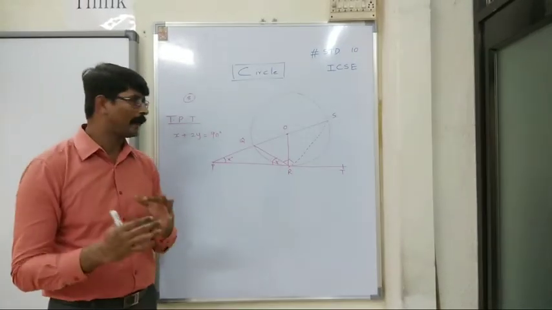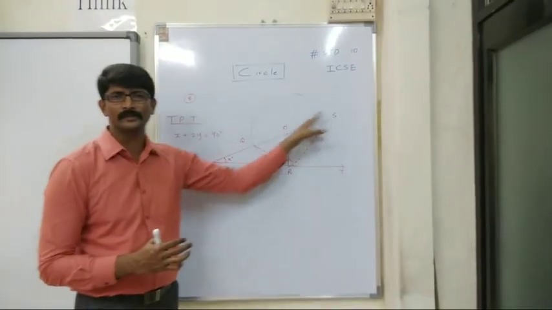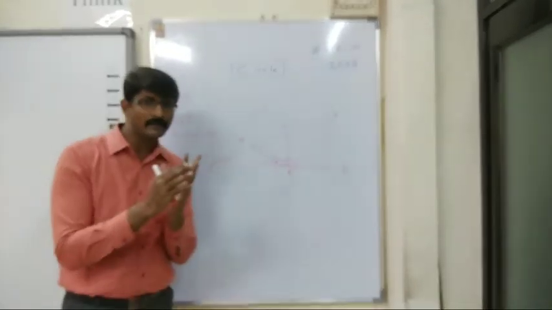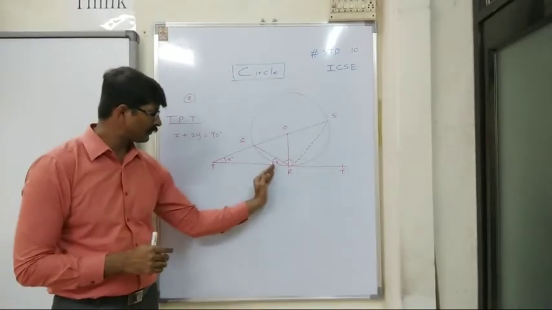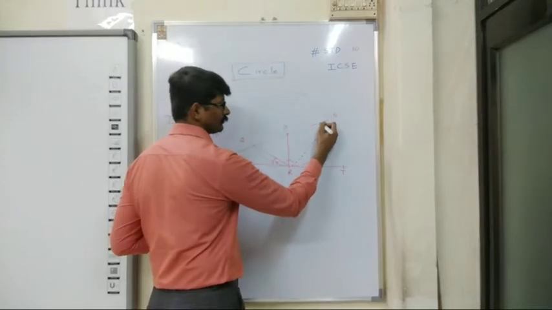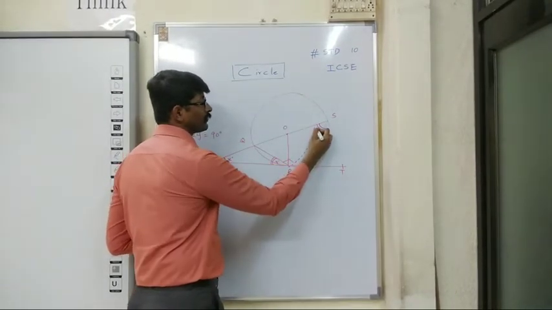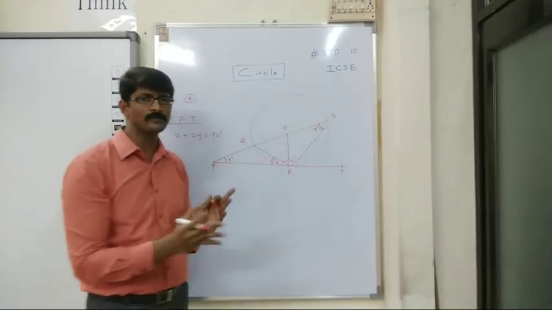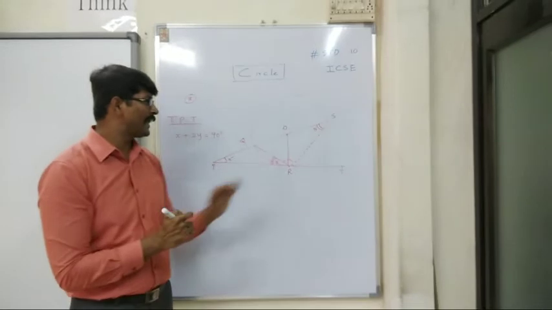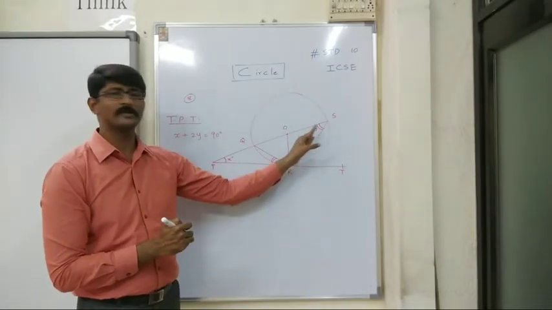And as I already told you, SRQ is going to be 90 degrees because SQ is a diameter, and the angle subtended by the semicircle is always 90 degrees. So if this is angle y, what will this one be? Obviously this is y, then even this will be y. I have just now explained while explaining the property that angles in alternate segments are always equal.